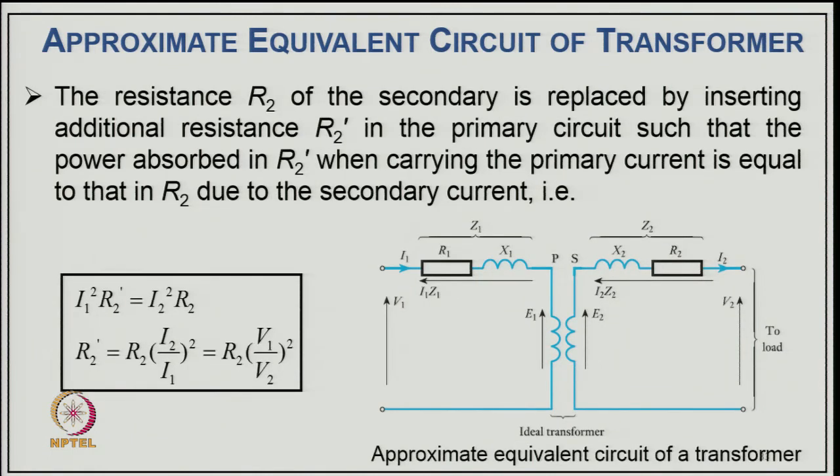The resistance R2 of the secondary is replaced by inserting an additional resistance R2 dash, which when carrying the primary current is equivalent to R2 due to the secondary current.